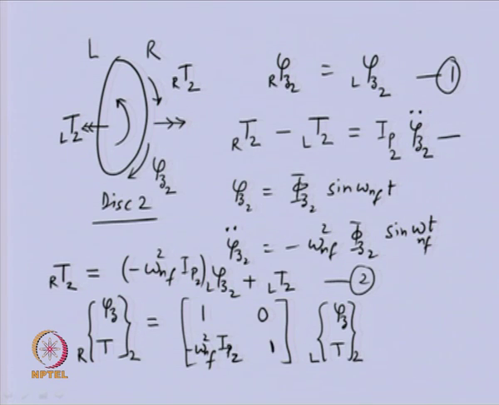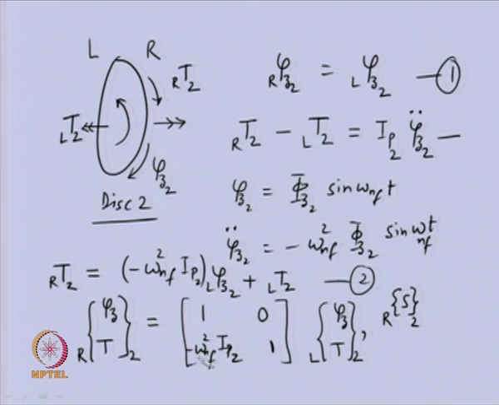So, now we can see that we have inserted these two equations in a matrix form, and this particular matrix we can write as, let us say, S, a state vector which represents the angular displacement and the torque right of disc 2.